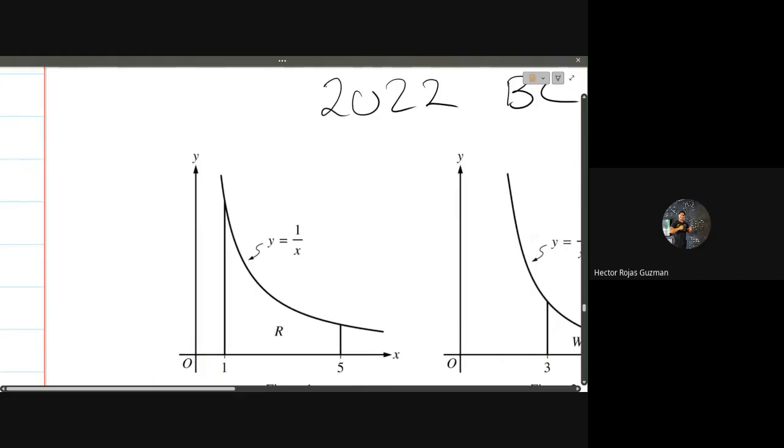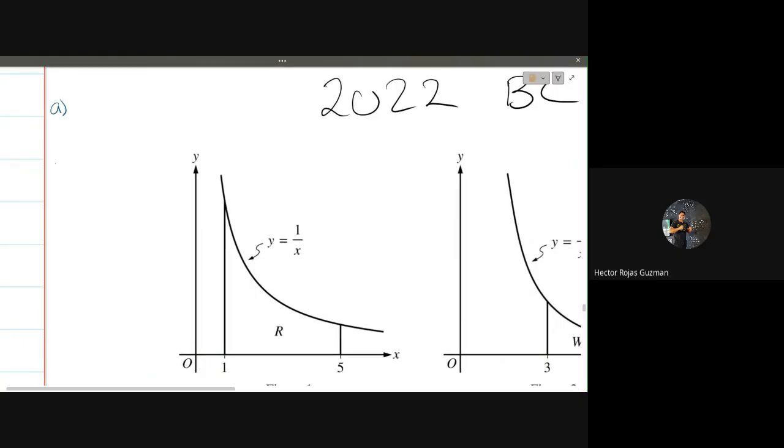So here it is, guys. If you want to find the area, it's just the integral from 1 to 5 of top minus bottom. But really, we just have 1 over x. It's not a calculator question, so what's the antiderivative? ln of x evaluated from 1 to 5.